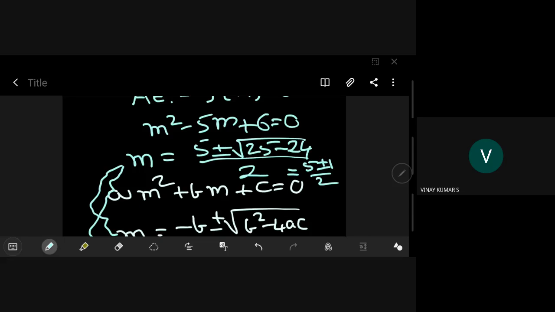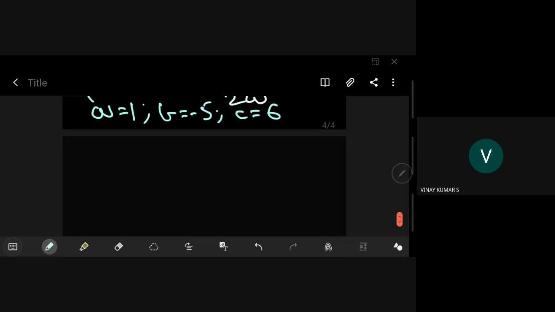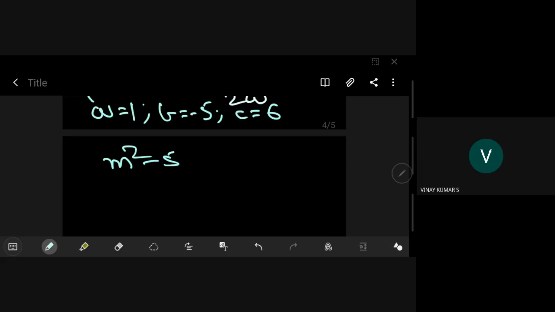So 2 comma 3 are the roots. And notice one thing, this is very important. For this equation, we found roots as 2 comma 3.